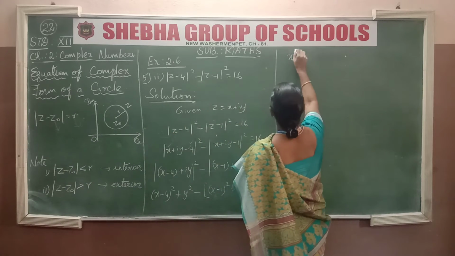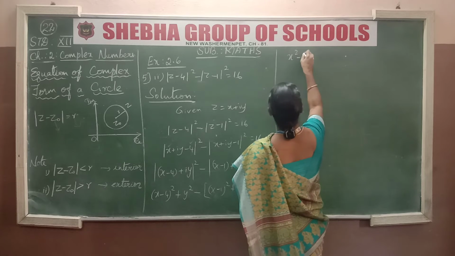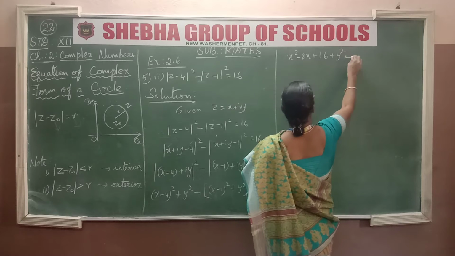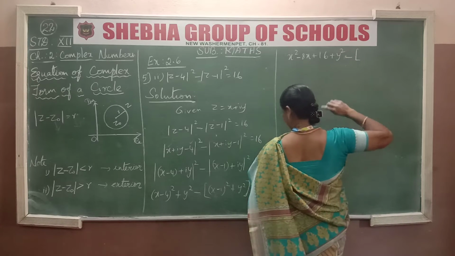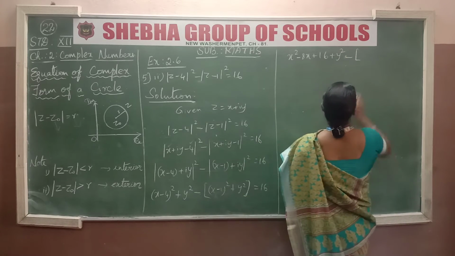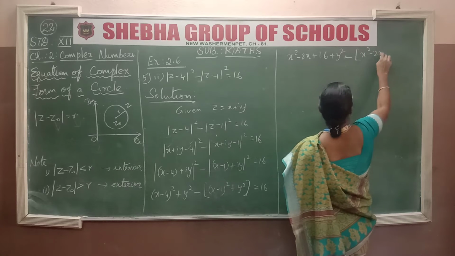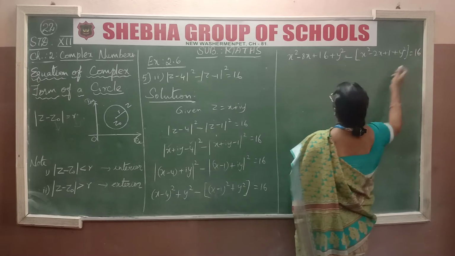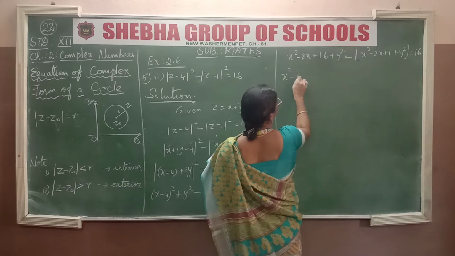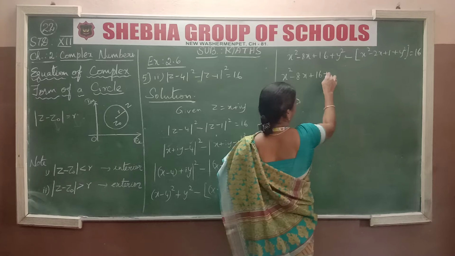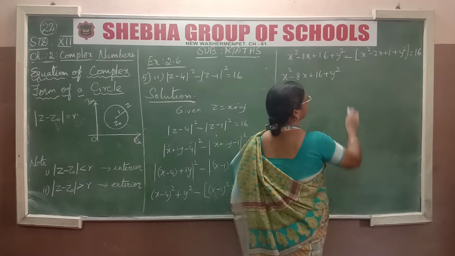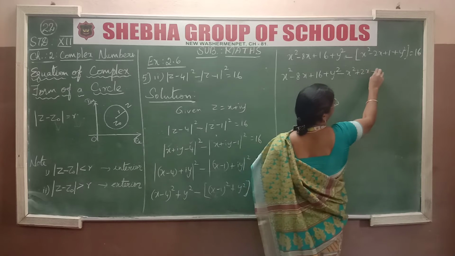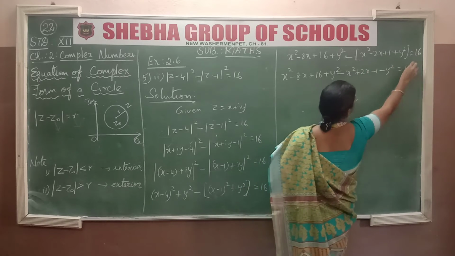We get x square minus 4 2s are 8x plus 16 plus y square minus, right in bracket, x minus 1 whole square is x square minus 2x plus 1 plus y square equal to 16. Now listen, x square minus 8x plus 16 plus y square. Now multiplying minus inside we get minus x square plus 2x minus 1 minus y square equal to 16.